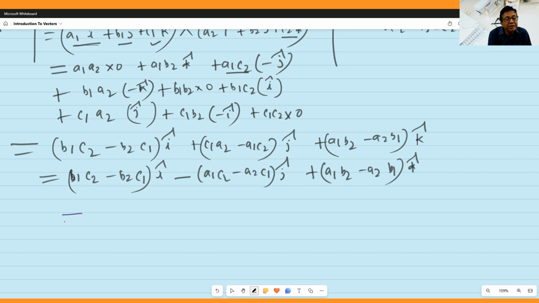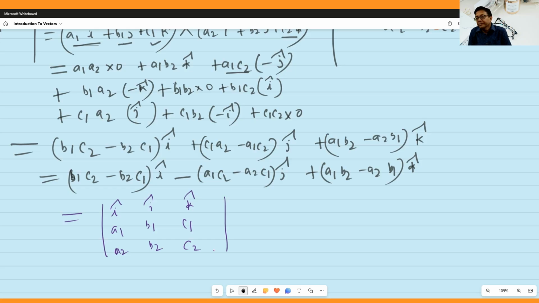We can write this as, just see the way I'm writing here. I'll be writing IJK here, and here I'm writing A1, B1, C1. Can I write this?